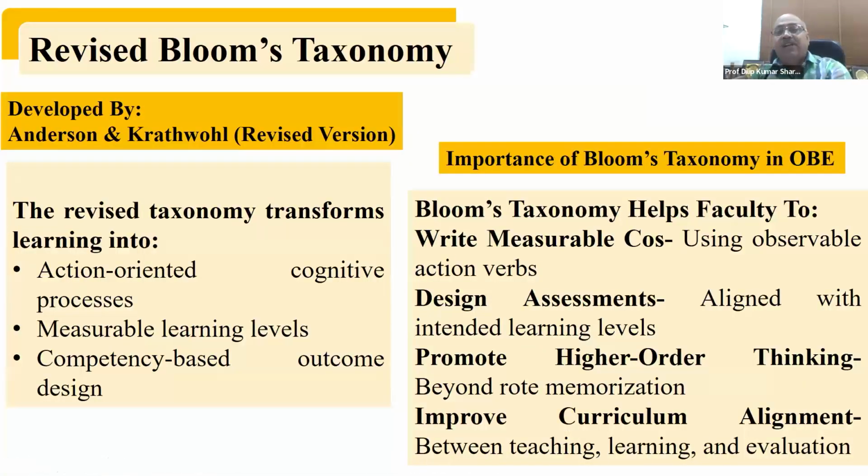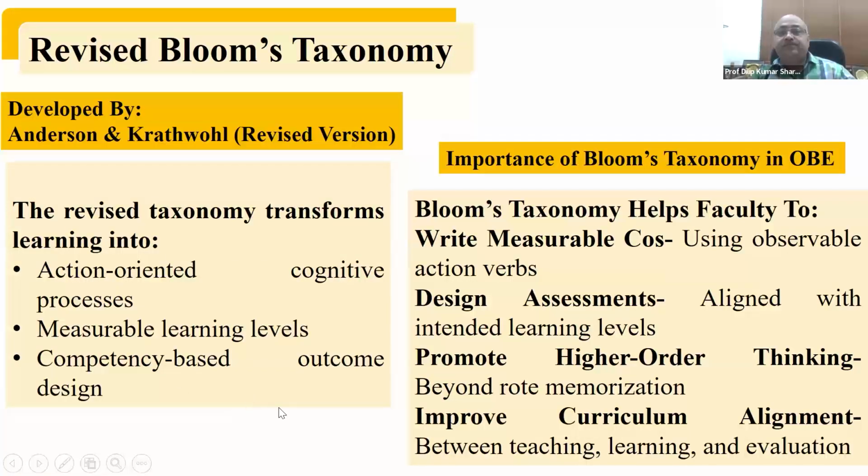So we have the revised Bloom's taxonomy that was developed by Anderson and Krathwohl. There is a research paper available; initially it was developed in the late 1950s-60s, but later around 2001 they revised it.